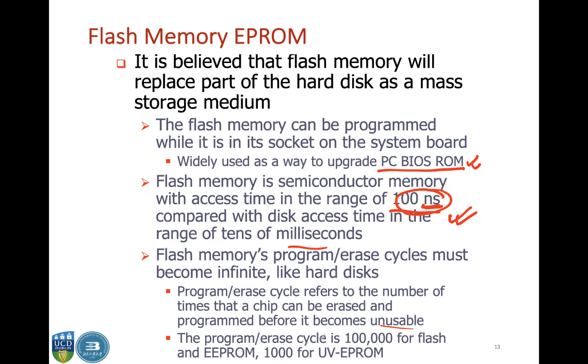In case of flash memory, you can have 100,000 for flash and EEPROMs, but for UV EPROMs this is only 1,000. So you can program and erase your flash memories hundreds of thousands of times.